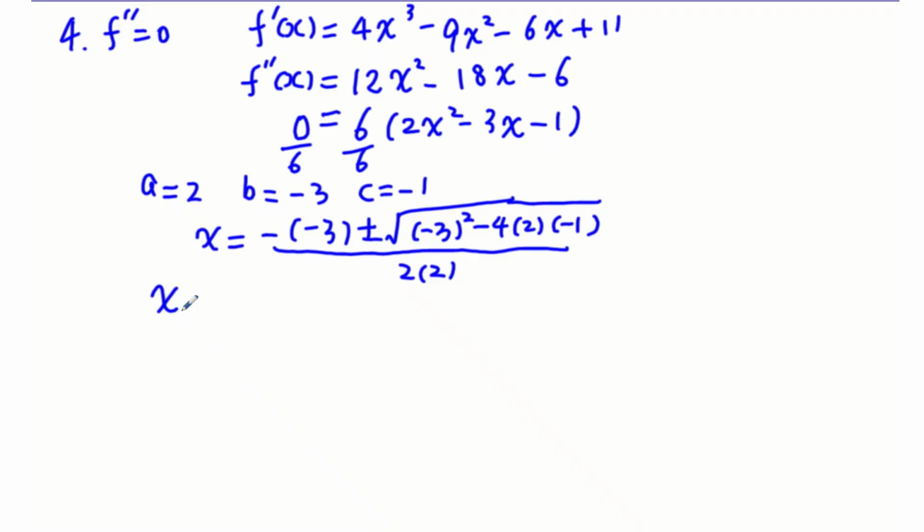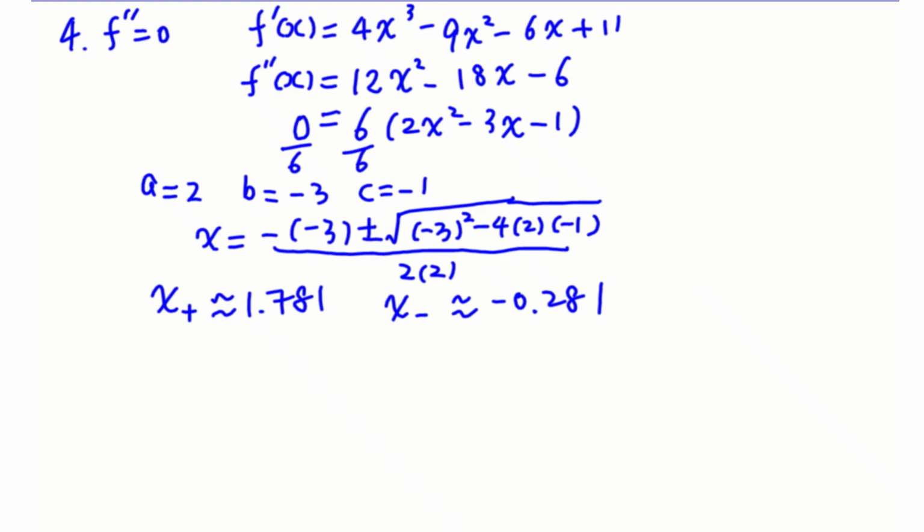You will have x plus approximately 1.781, x minus approximately -0.281. So these are the two possible points of inflection. We have to draw the chart in order to find if it is open up or down.